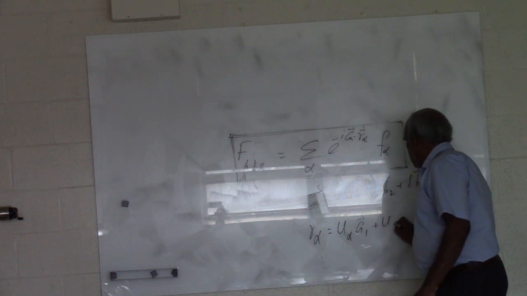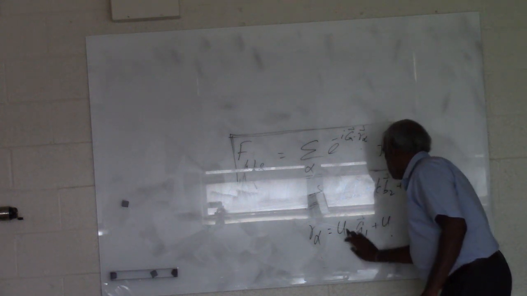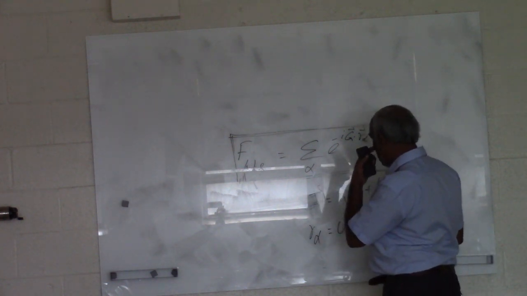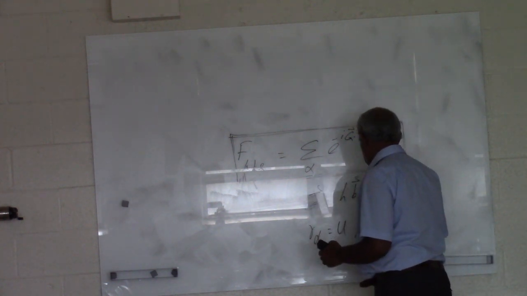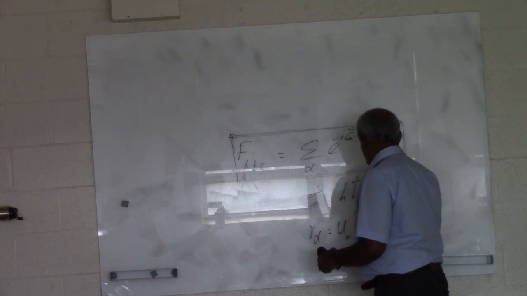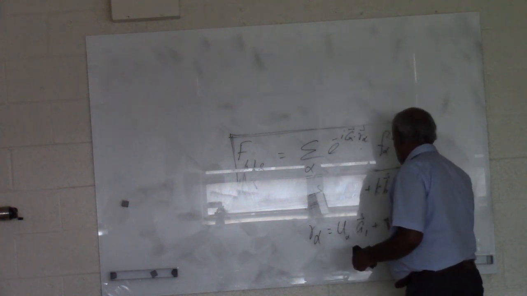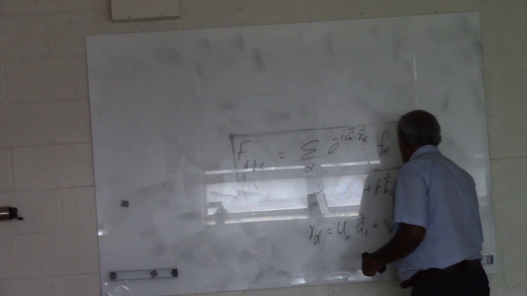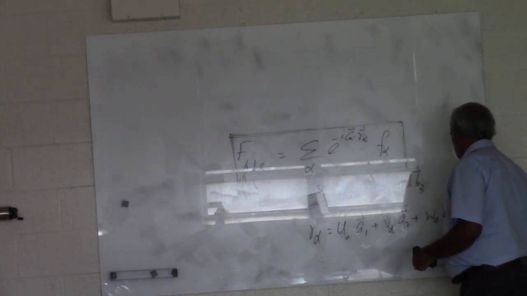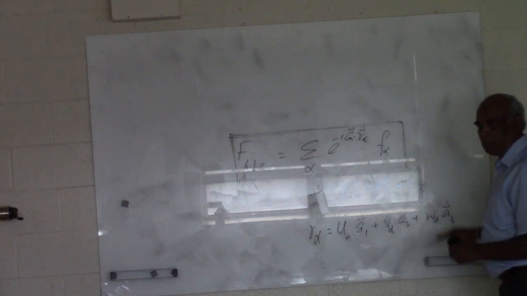Plus V alpha times A2 plus W alpha A3. This is the positions, right, of the basis vector.